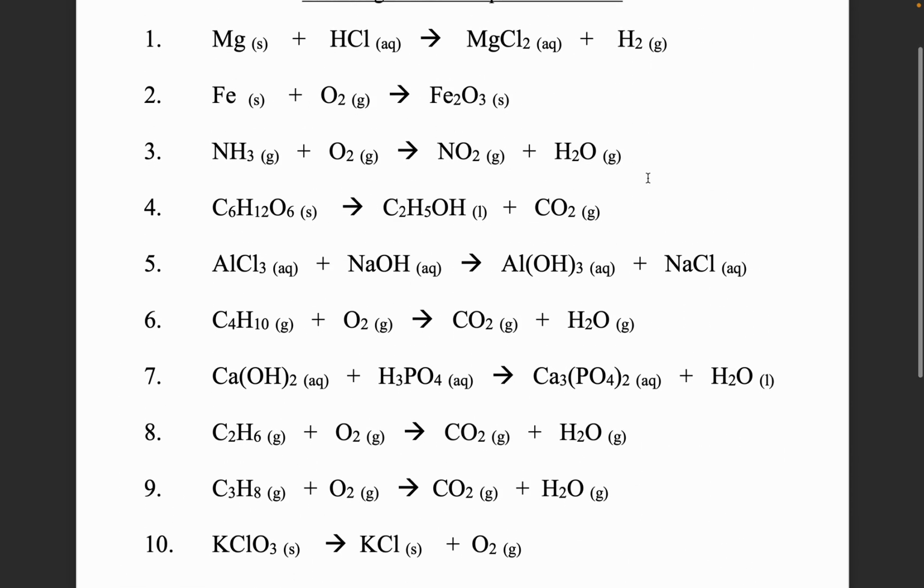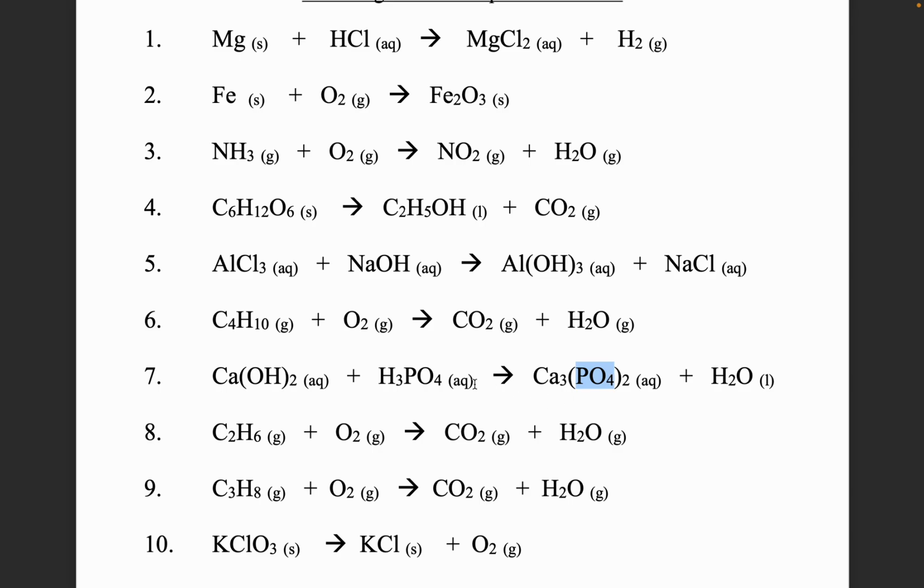A couple of hints. Look at these. Here are your combustion reactions, right? There's a combustion reaction here, here, and here, right? Don't forget to balance your polyatomic ions as a unit. So there's a hydroxide. You can think of this as HOH if you want.